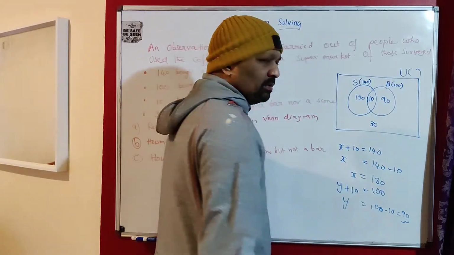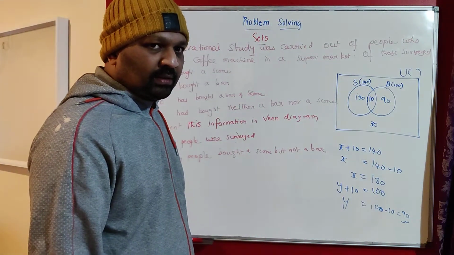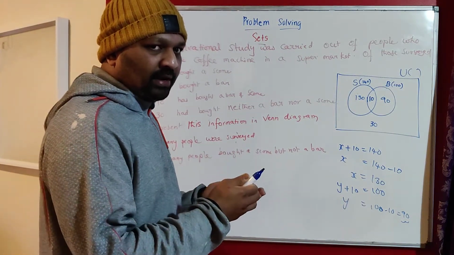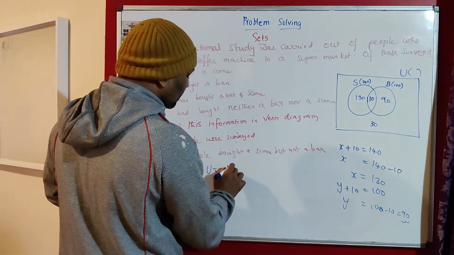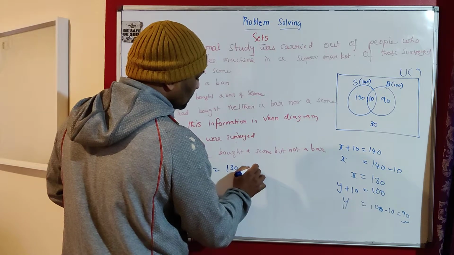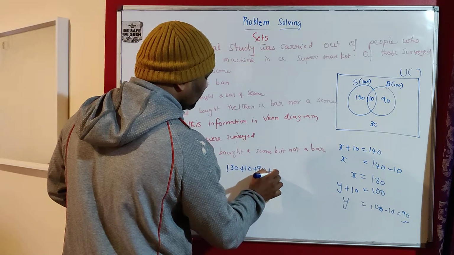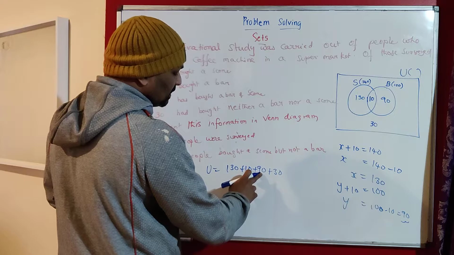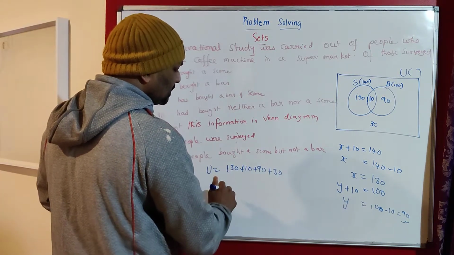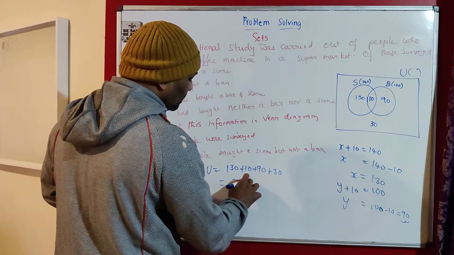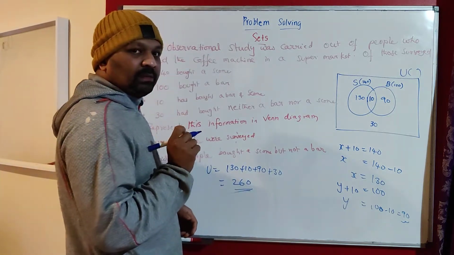The sum of these should equal the universal set, the total number of people who were surveyed. Let's do that. U is equal to 130 plus 10 plus 90 plus 30. How much is it coming to? 90 plus 10 plus 90 is 100, then 230. 230 plus 30 is 260. U is equal to 260. 260 people were surveyed.